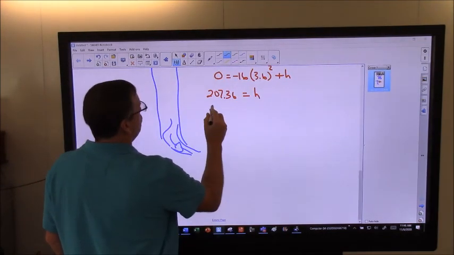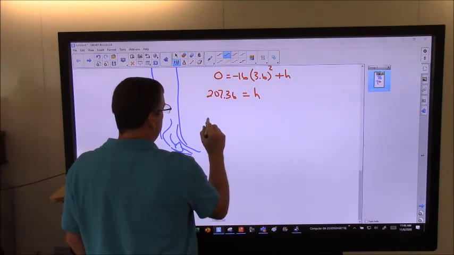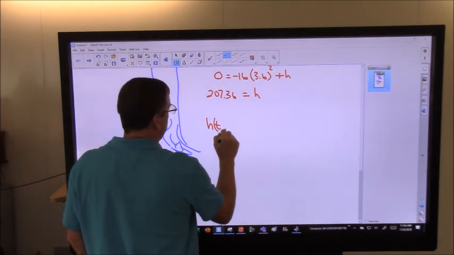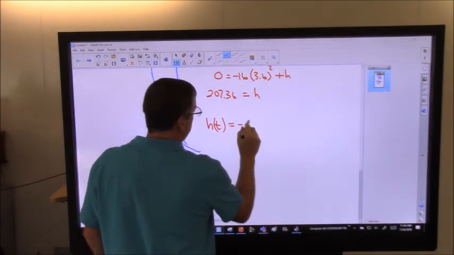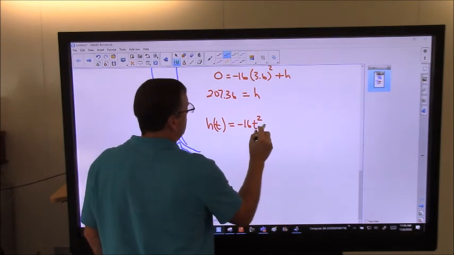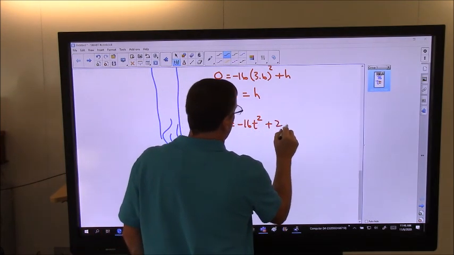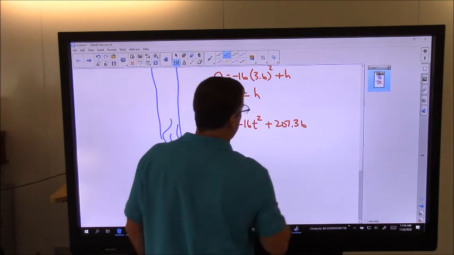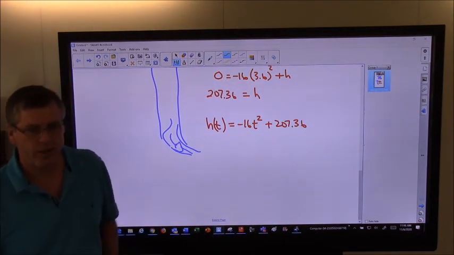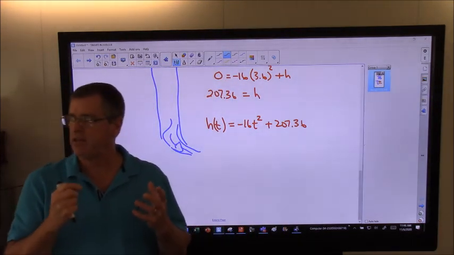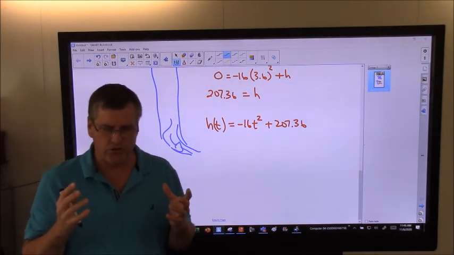So here's my position function. h of t equals negative 16t squared plus 207.36. So we got to think to ourselves, how do you find something like speed or velocity?